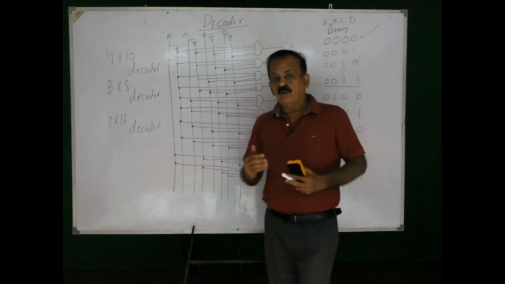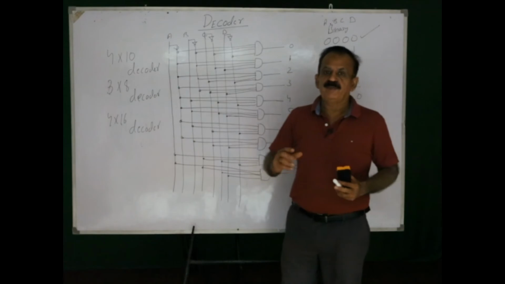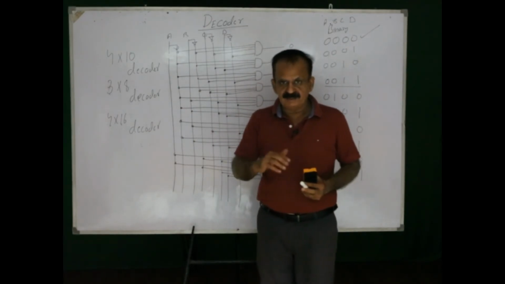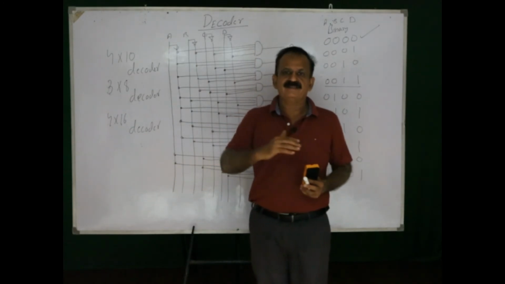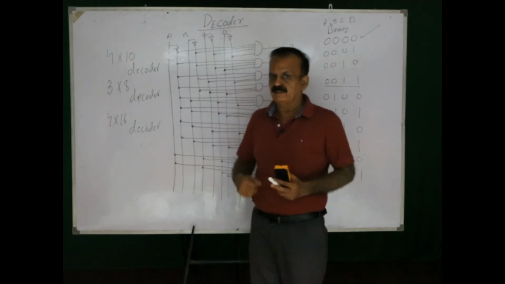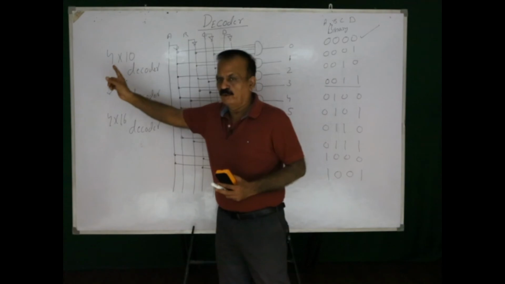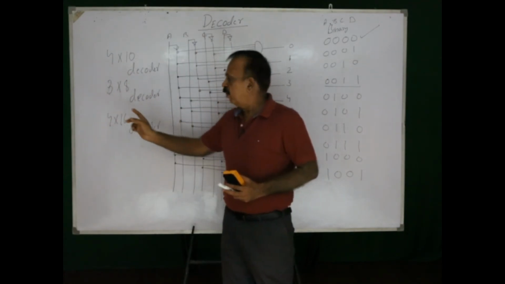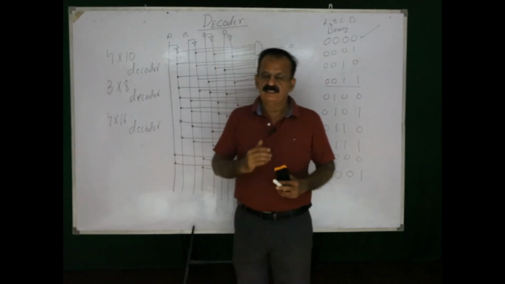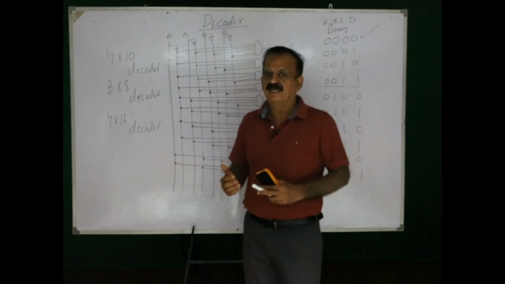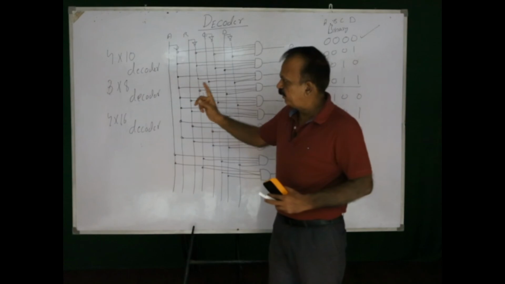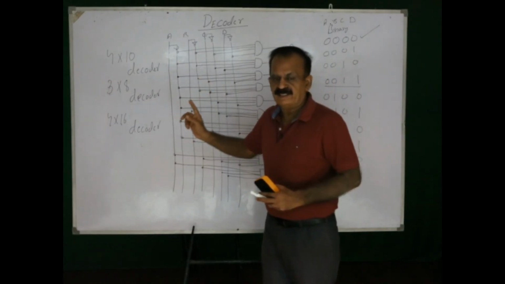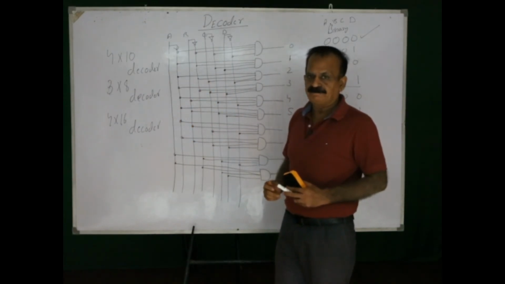So encoder will be one which will be converting the decimal number to binary or the octal number to binary or the hexadecimal to binary. That is why encoders were 10 to 4, 8 to 3, or 16 to 4. But the decoder, it is the reverse process, and it is 4 by 10 decoder or 3 by 8 decoder or 4 by 16 decoder.